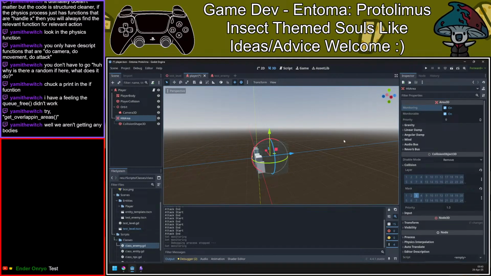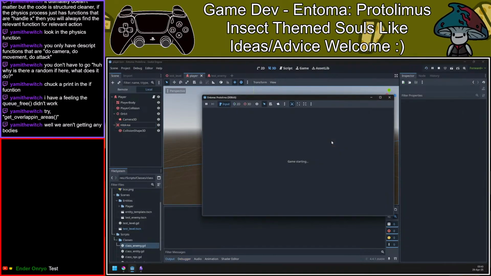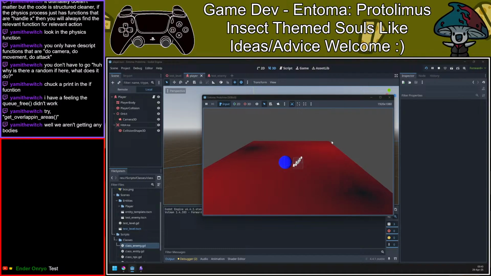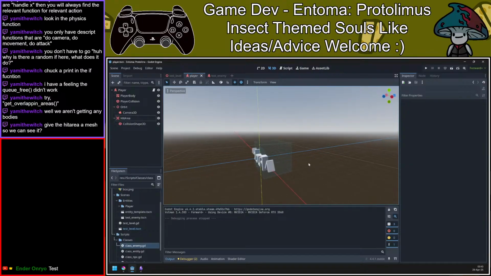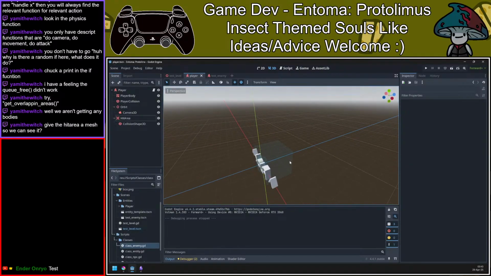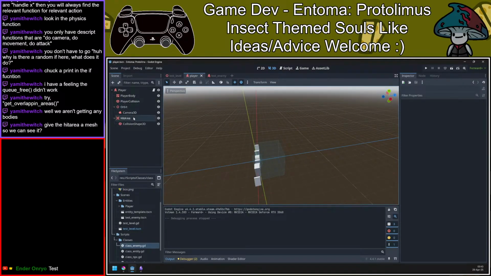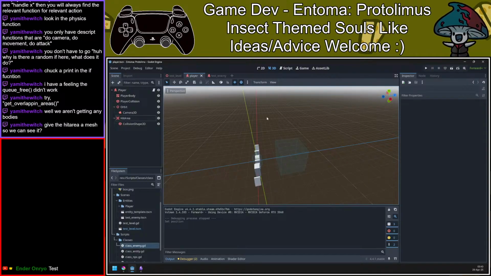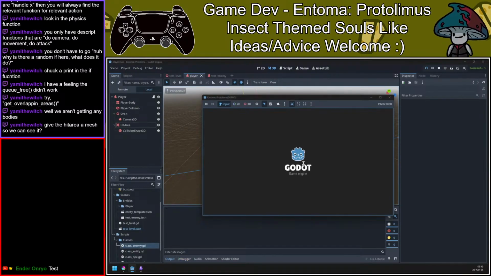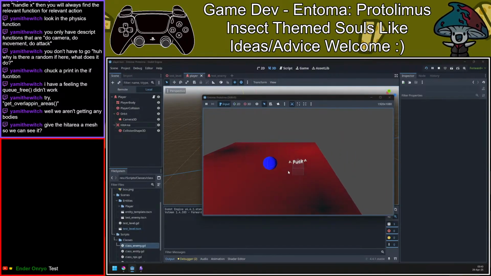Okay, let's leave this just on by default. And it stops existing. Well, I mean, we should be able to see it because I have collision enabled. Yeah, it's this box right here.